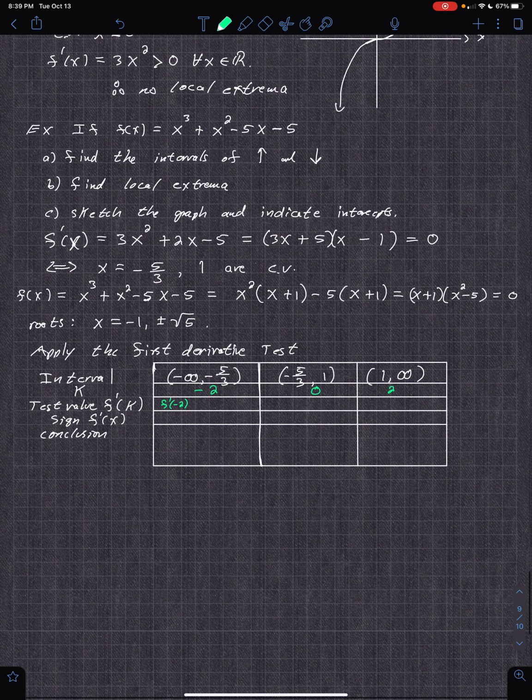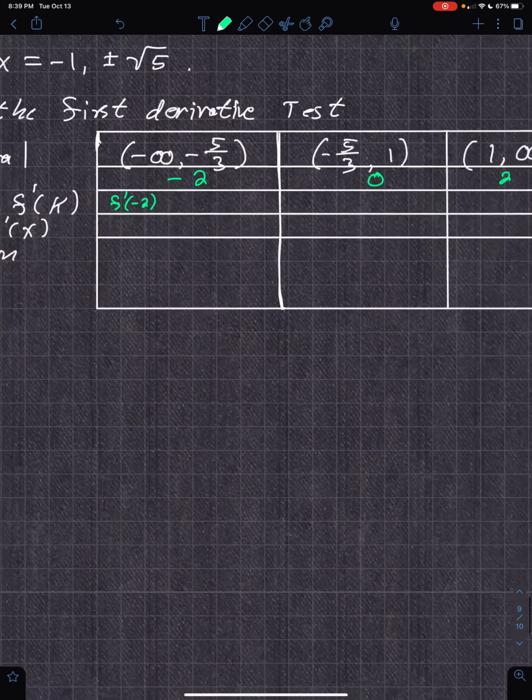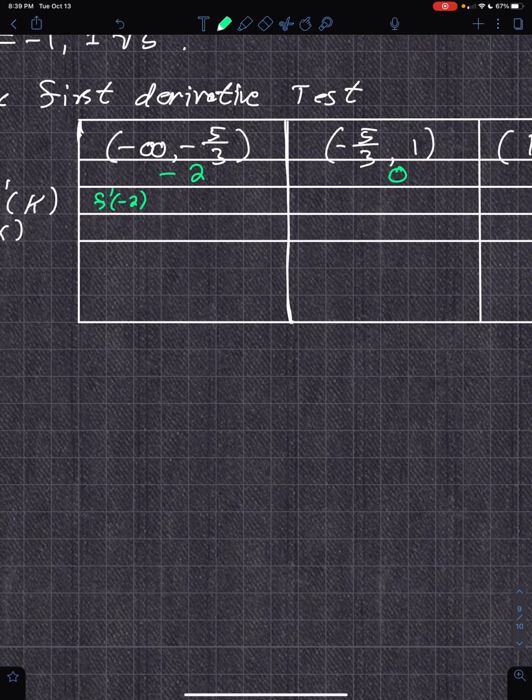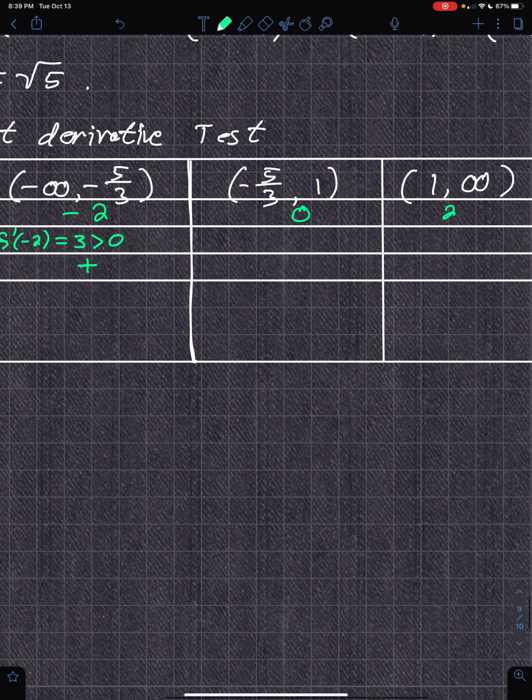I'm not going to show you the calculation, but you calculate f prime here, and then write it down so you know what it's saying. So f prime of -2 is 3, which is positive. So what does that tell you about whether it's increasing or decreasing? We'll get to that in a second.